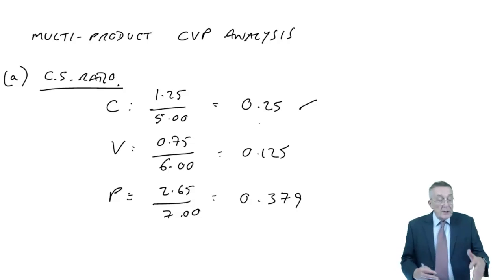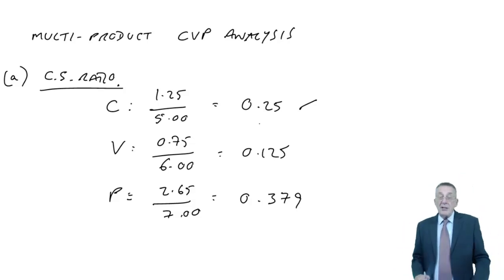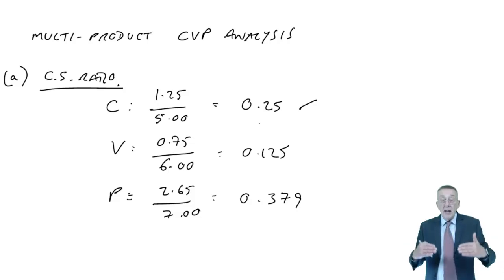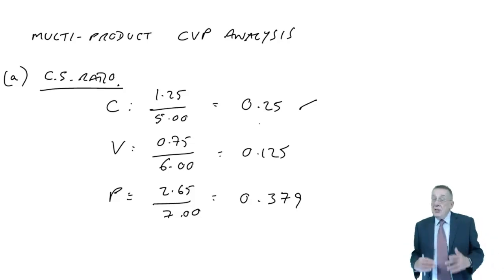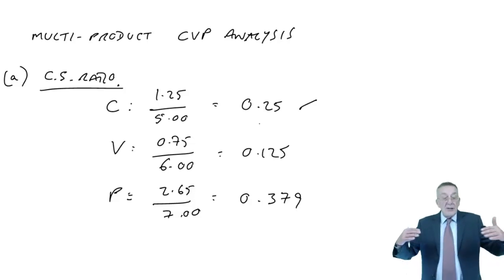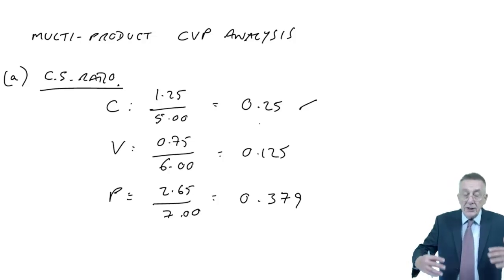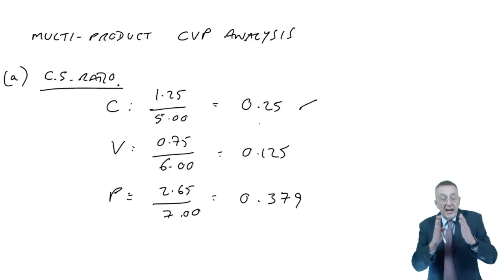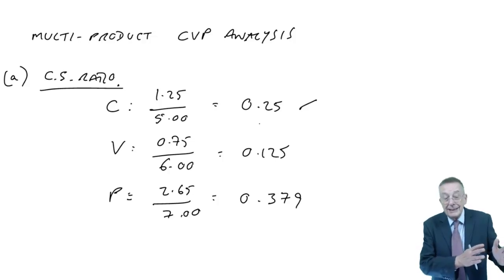Here, though, we want to see what the average ratio is, and assuming that we may not sell the budgeted figures, it may be higher, it may be lower, but we're going to assume that they stay in the same ratio with each other. So if we do sell 10% more, it's 10% more of all of them.